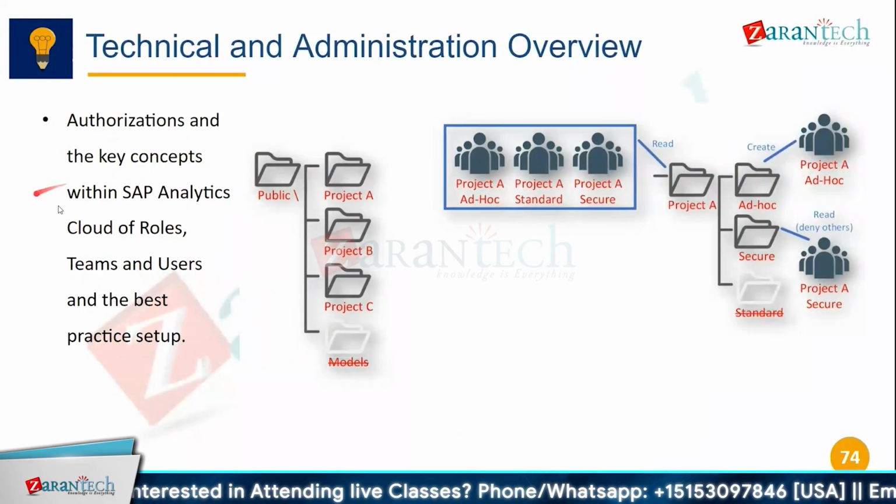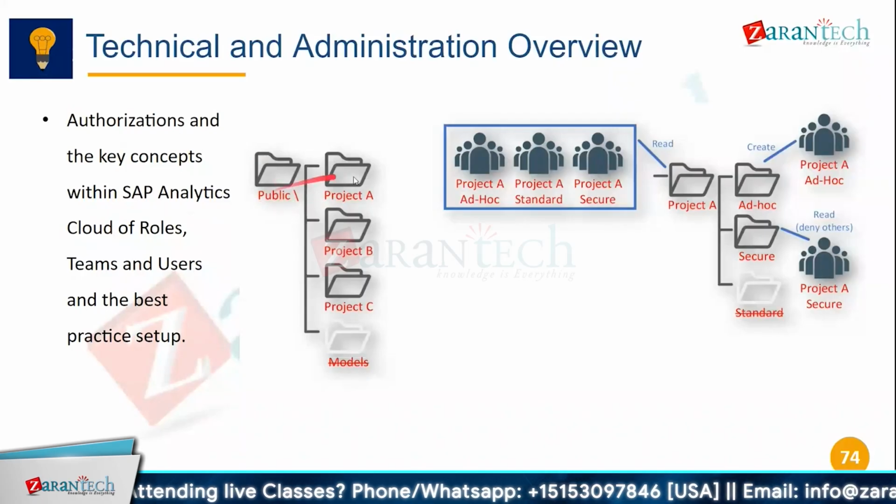Next, authorization concepts with respect to different folders. I think we have already seen a public folder. Then we have different project folders. You can also have models and subfolders. Then typically you can define read access. In case you have project A, and there are 3 teams for project A, different teams have different kinds of operations to be done. For example, project A secure is the team that does the access management.